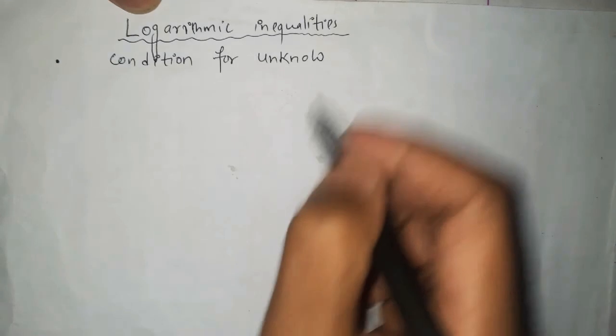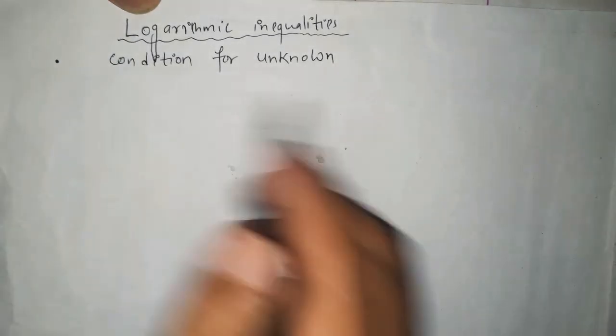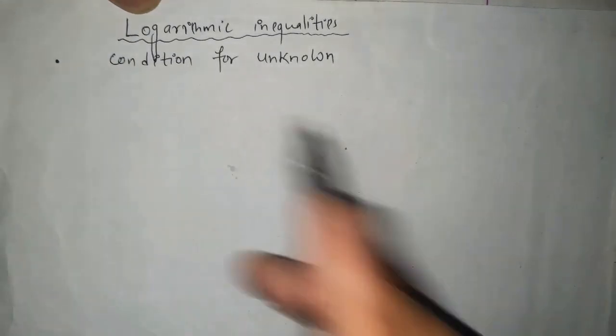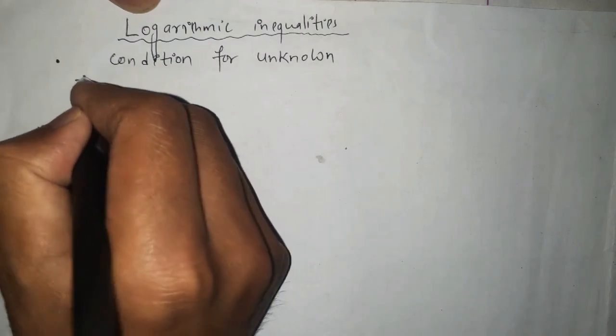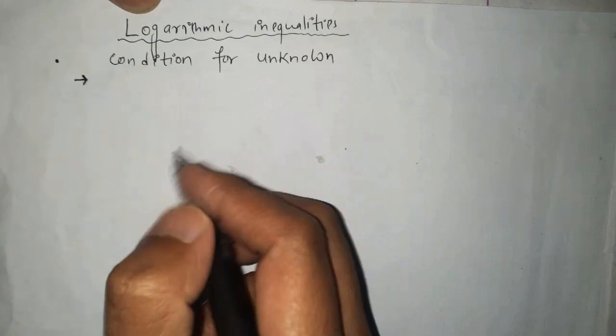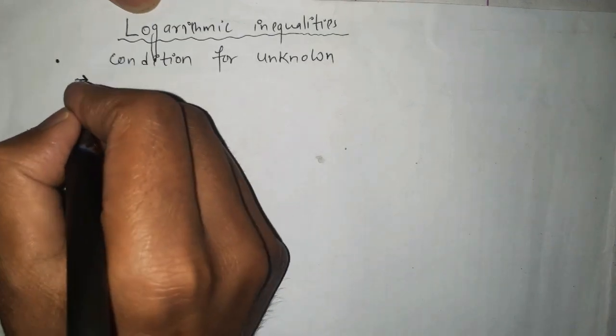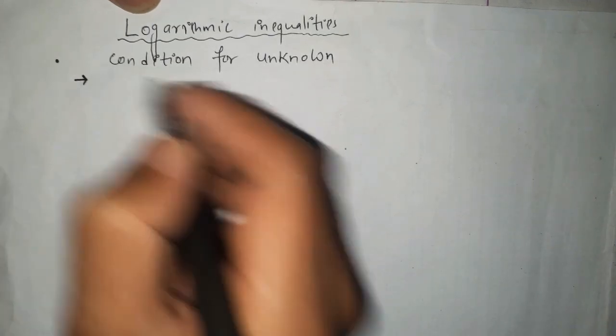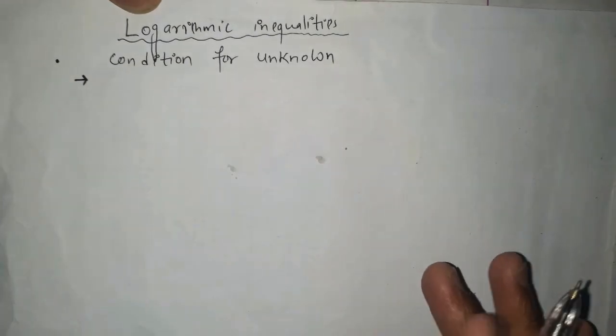In the first step, we have to calculate the conditions for the unknown variable. For calculating the conditions, we can take the basic concepts of the logarithm. There are two very important rules for the logarithm to be defined.